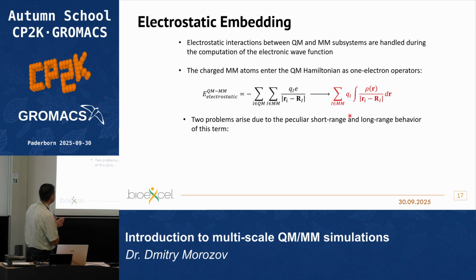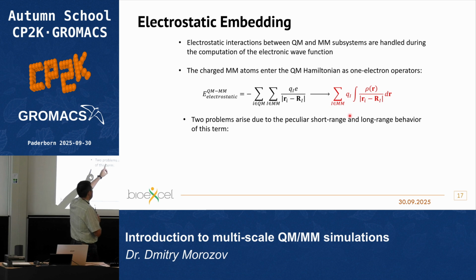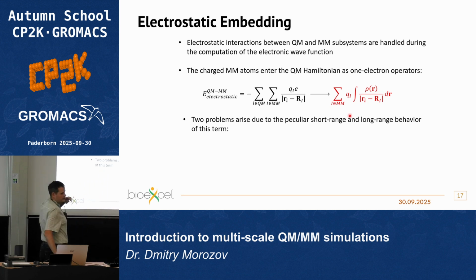Your MM atoms, or point charges on your MM atoms, are interacting with all electrons in your system, or in the case of Kohn-Sham, like in the previous lecture, with your Kohn-Sham electron density. And this is actually a very simple integral.